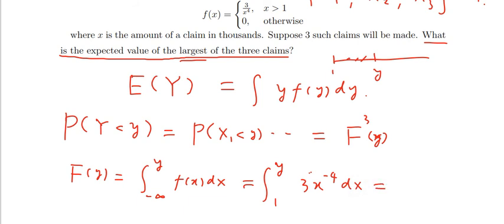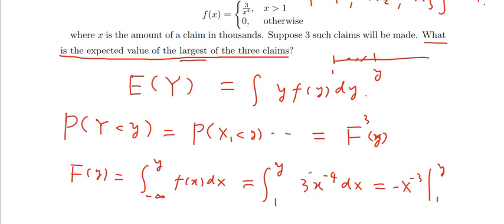The integral of 3x^(-4) is -x^(-3), but with the negative sign, from 1 to y.